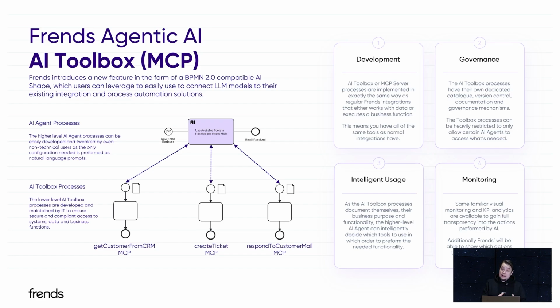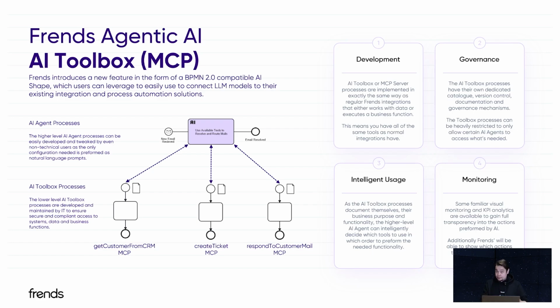And that's what the AI toolbox is there to enable: to enable the AI to have nice, well-governed and well-monitored access to your system, to your business landscape, to your data in real time.